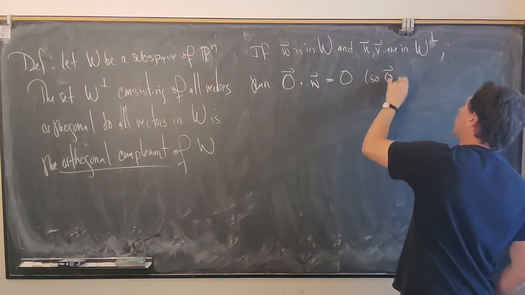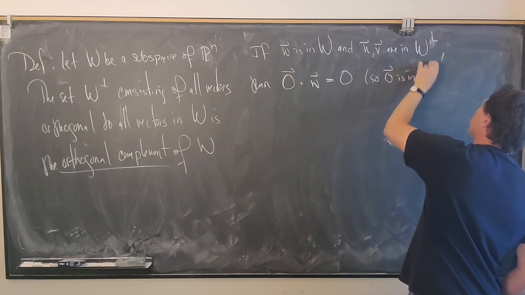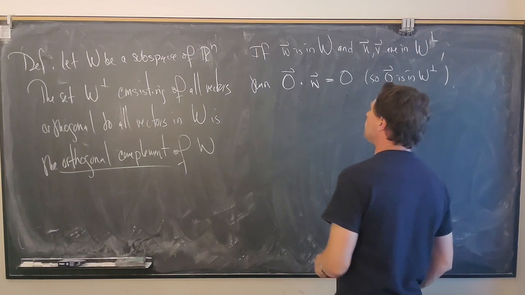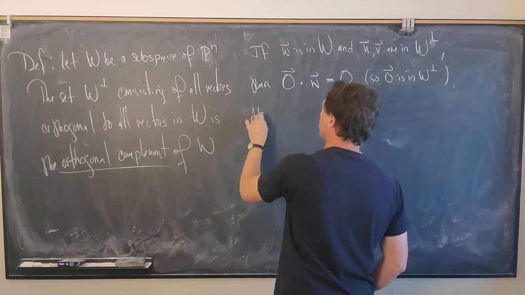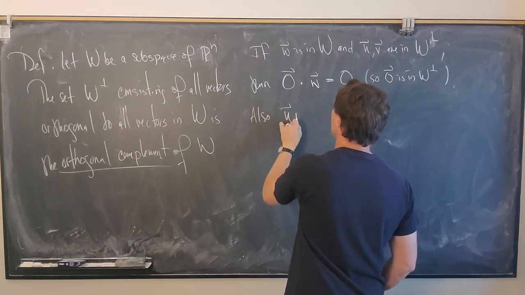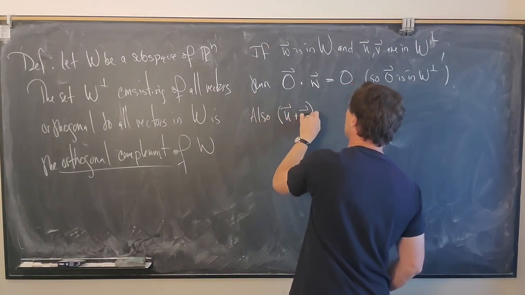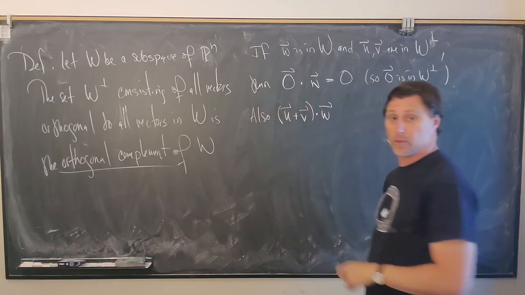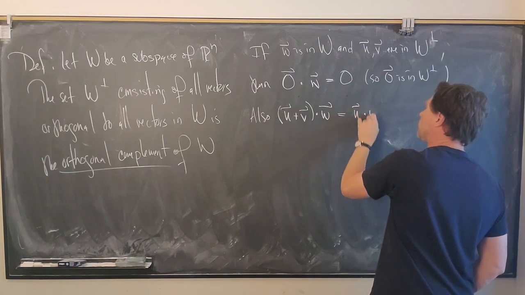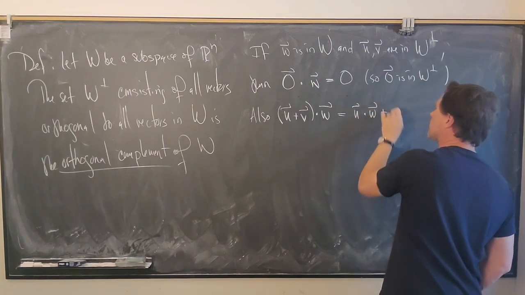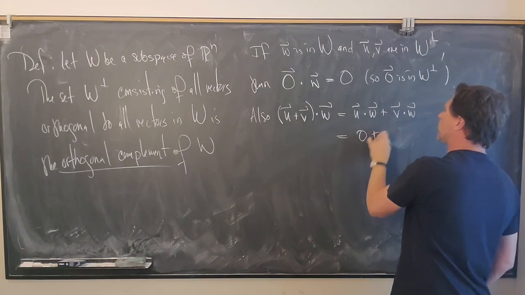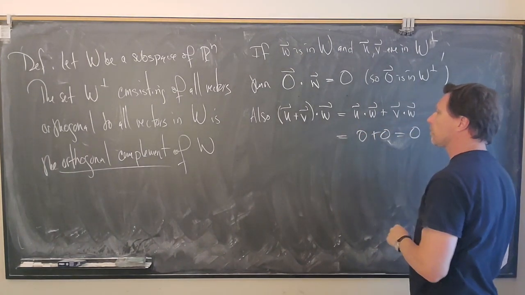So 0 is in W perp. Also, if we look at u plus v dotted with w, dot product satisfies the distributive property, so that's u dot w plus v dot w. That's 0 plus 0, which is 0.